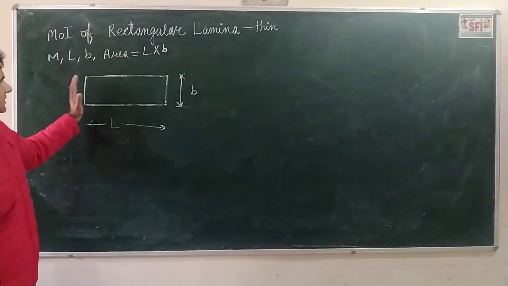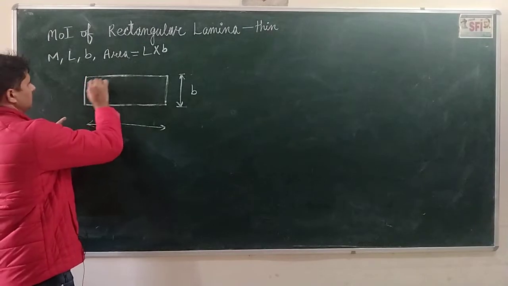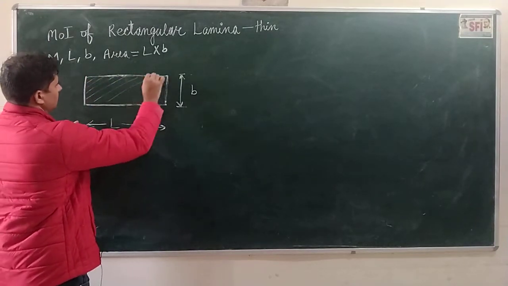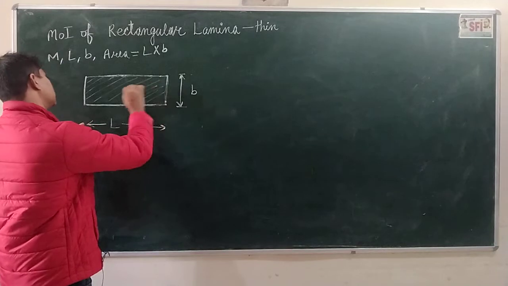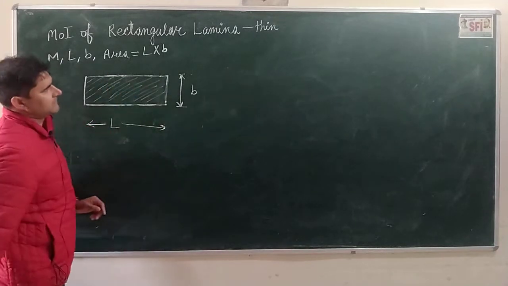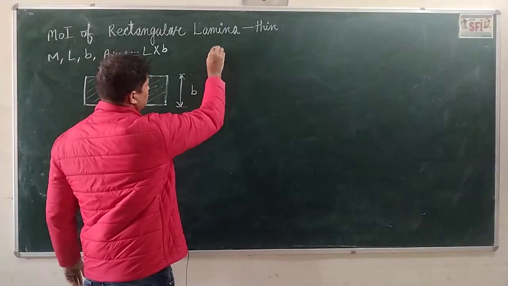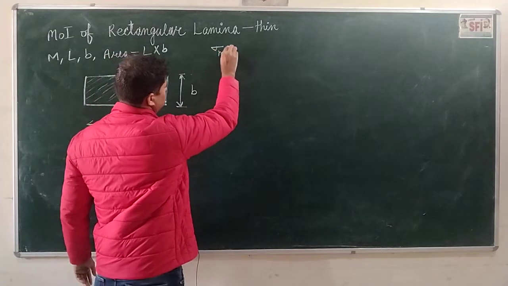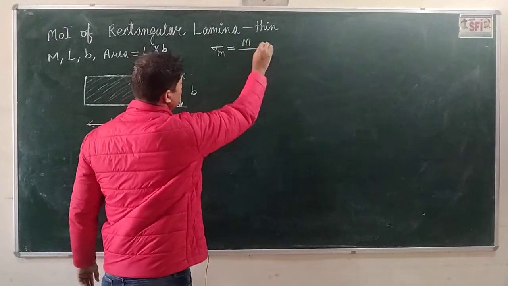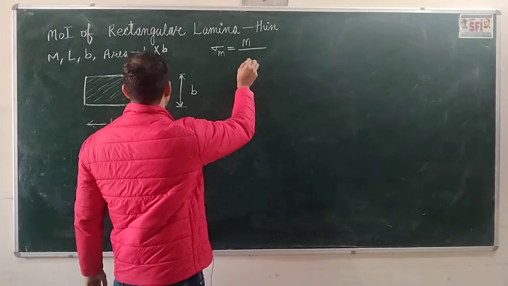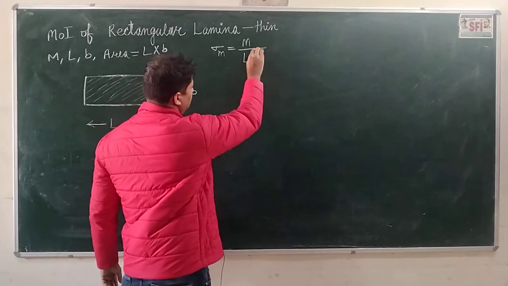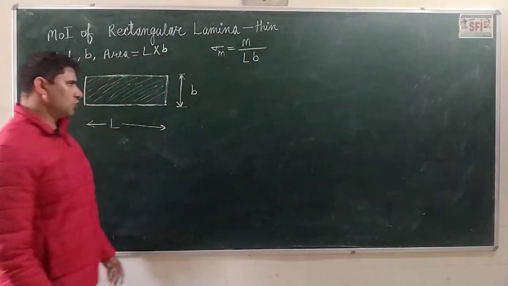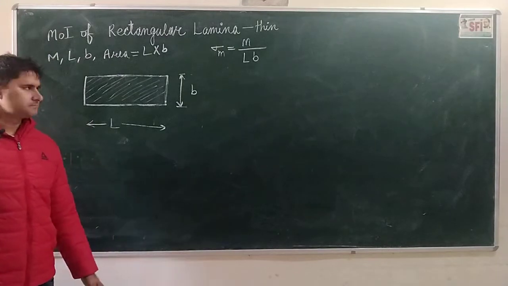You can see here the mass distribution in this rectangular lamina is over a surface. So if you find the surface mass density, then it will be the total mass of the lamina divided by its area, that is capital L into B. Small b is the width.